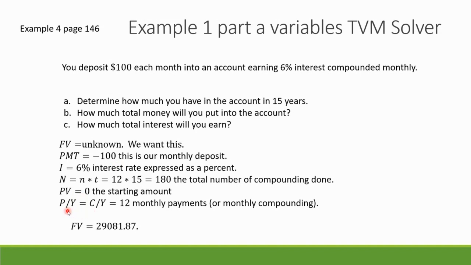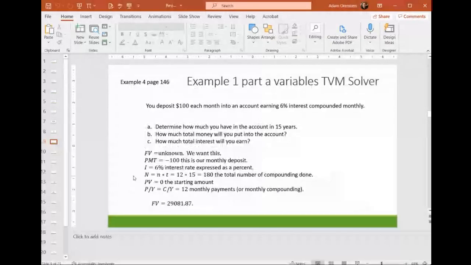P/Y and C/Y: how many times it's compounded per year, how many payments we make per year. They're both the same, so we get 12. If you know one of these, you know the other. They're always assumed to be 12. But if you do that in the TVM solver, you get the same amount. In fact, let me show you.